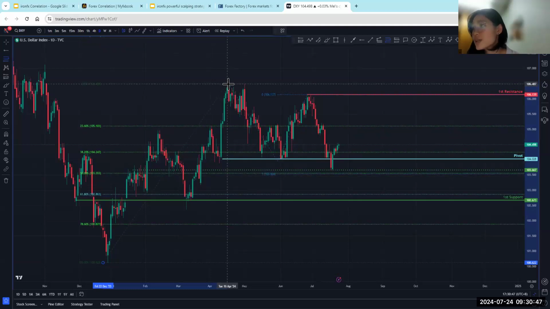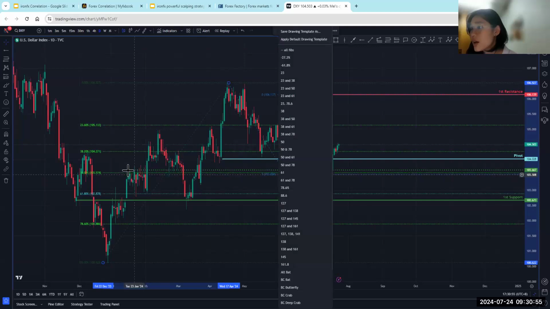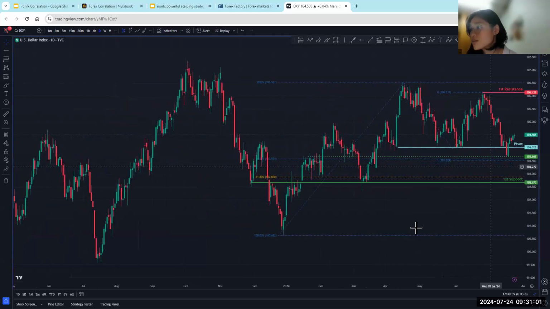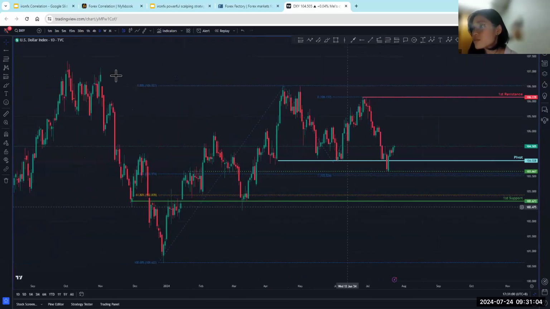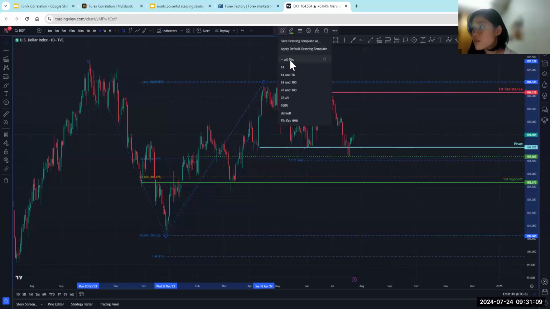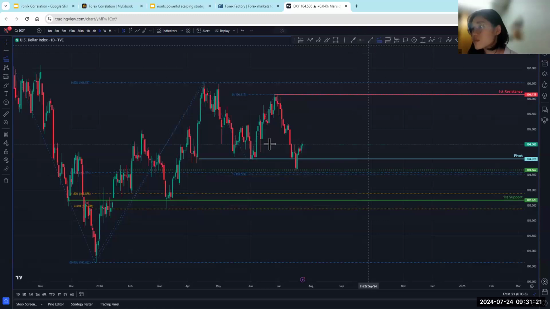Our next step is here at my 50% retracement, and my 61.8 also lines up with my first support and that intermediate support. That might be all the levels that we have for now.